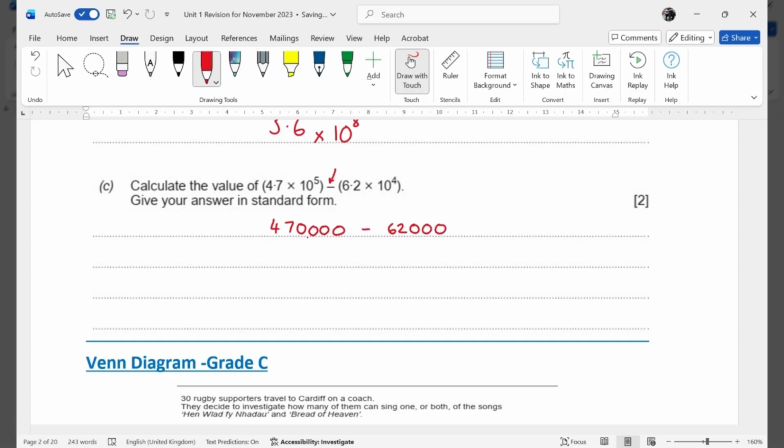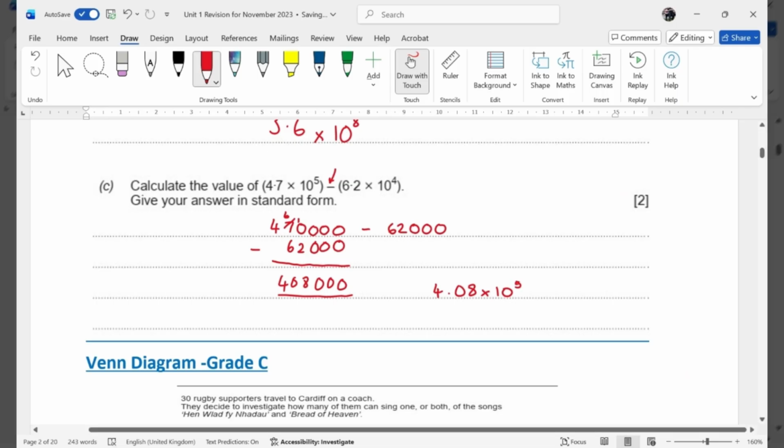Big mistake here, put in the 6 under the 4. Line up from the right-hand side. 0, 0, 0, 2, 6. Now we can take these away or add them if it was an add question. Not. Borrow from there, which look, I'm not teaching you how to take away at this point. And then put your answer back into standard form.